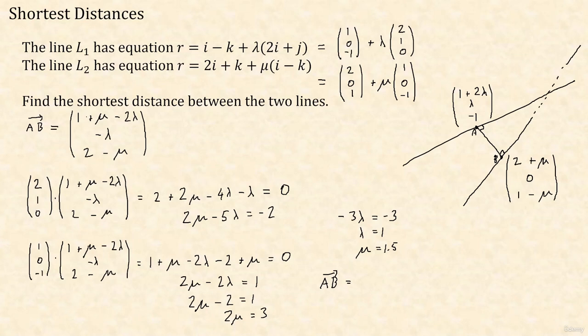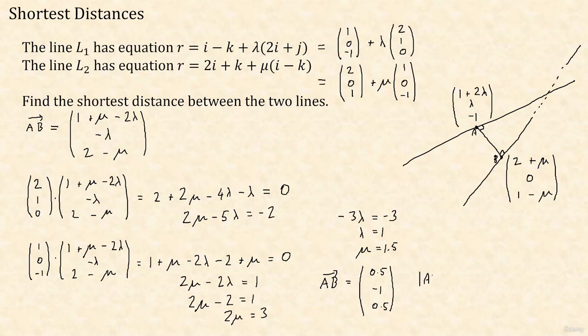So we've got 1 plus 1.5 is 2.5, minus 2 is 0.5. So that top line is just 0.5. Next line is just minus lambda, so that's simply minus 1. And this one is 2 minus mu. So 2 minus 1.5 is 0.5.